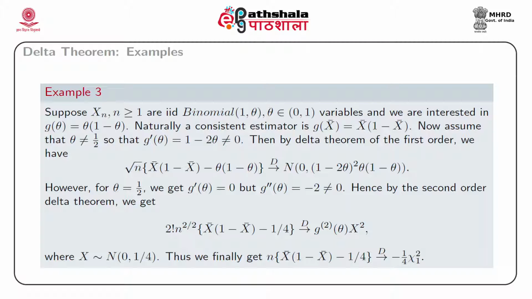So, using the second order delta theorem, we find that 2 factorial multiplied by n to the power 2 by 2 into (X bar(1 minus X bar) minus 1 by 4) converges in distribution to a random variable which is X square multiplied by the second derivative of g at theta, where X has a normal distribution with mean 0 and variance 1 by 4. Thus, we finally get that n times (X bar(1 minus X bar) minus 1 by 4) converges in distribution to a random variable which is defined as minus chi square 1 divided by 4.